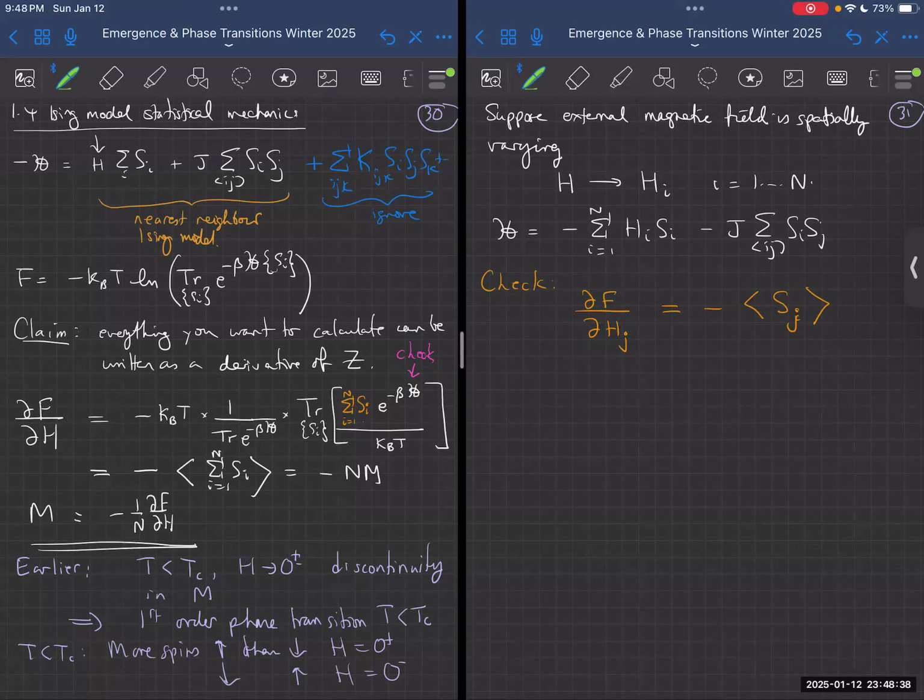So I want to talk about the fact that m cannot be non-zero. So the next thing we're going to talk about is the impossibility of a phase transition.